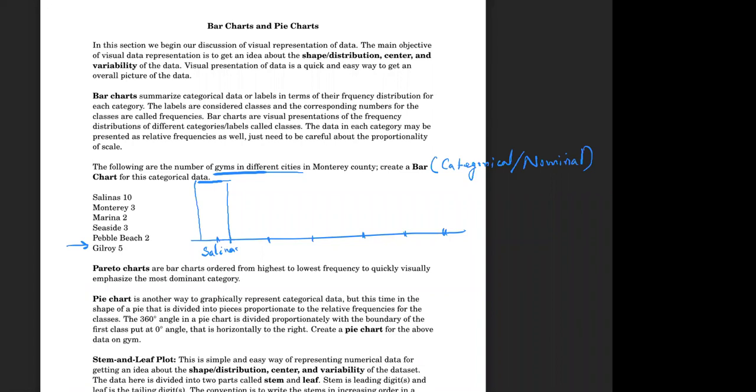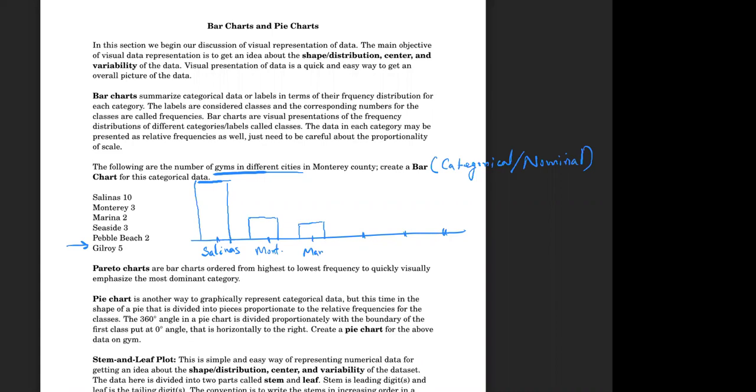And then you give a little space, and Monterey has 3 of them. And be consistent when you are giving these spaces, right? So that's Monterey. And then Marina has 2. Okay, Marina.